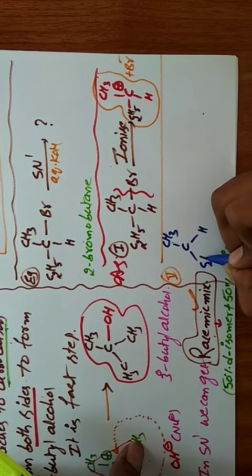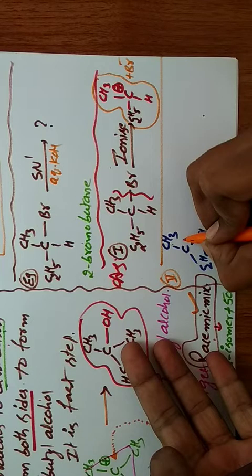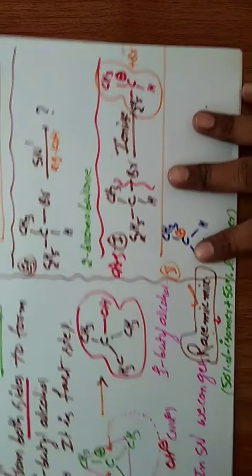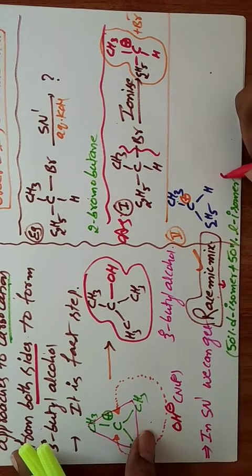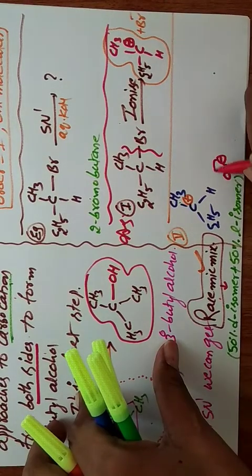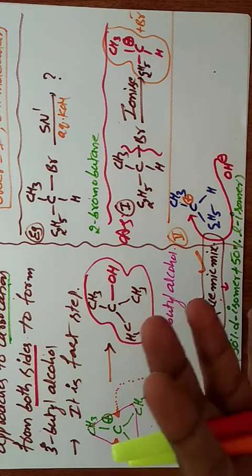According to step 2, the OH minus ion comes from the left side. This is the OH minus. It approaches the carbon, the C plus carbocation, and we get one product. Next, it approaches from the right side, and we get another product.